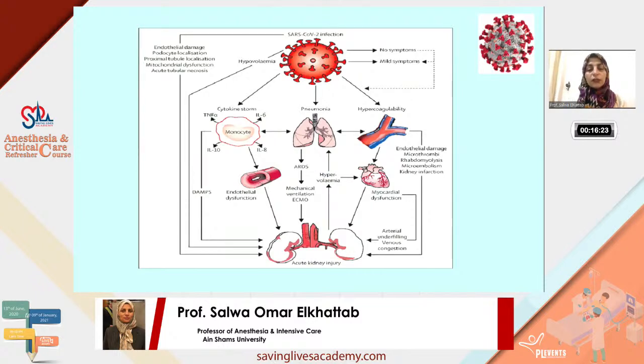It might also be part of cytokine release syndrome hitting the kidney as part of its effect on multiple organs in the body. It might be secondary to ARDS and part of multi-organ dysfunction, especially if the patient got sepsis and became a victim of multi-organ failure syndrome.